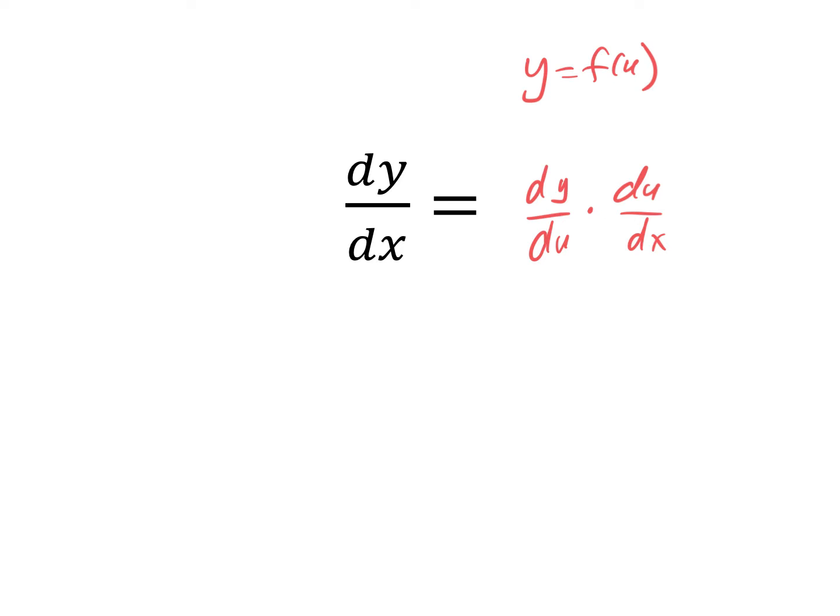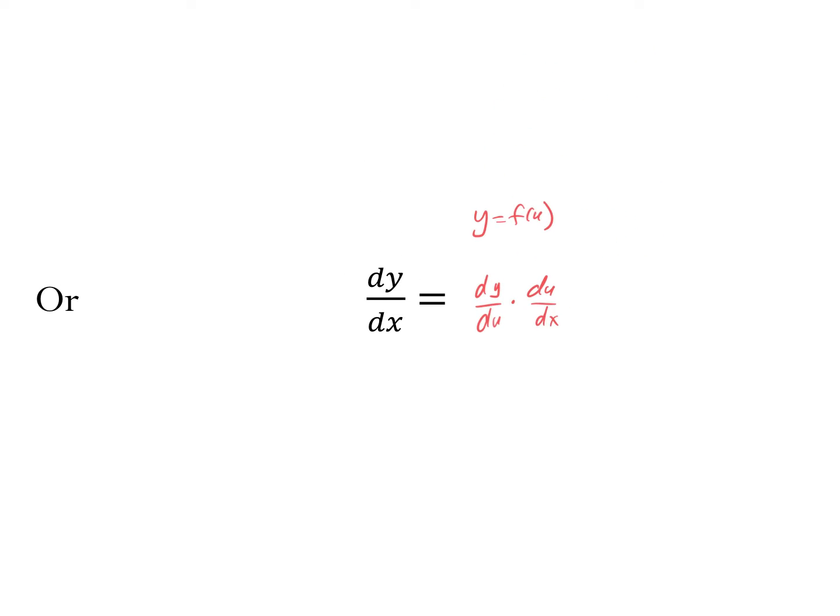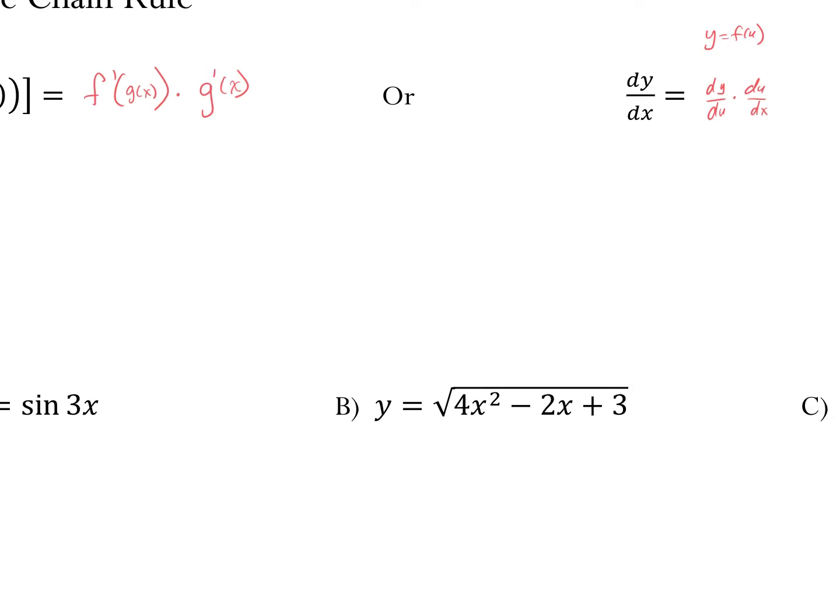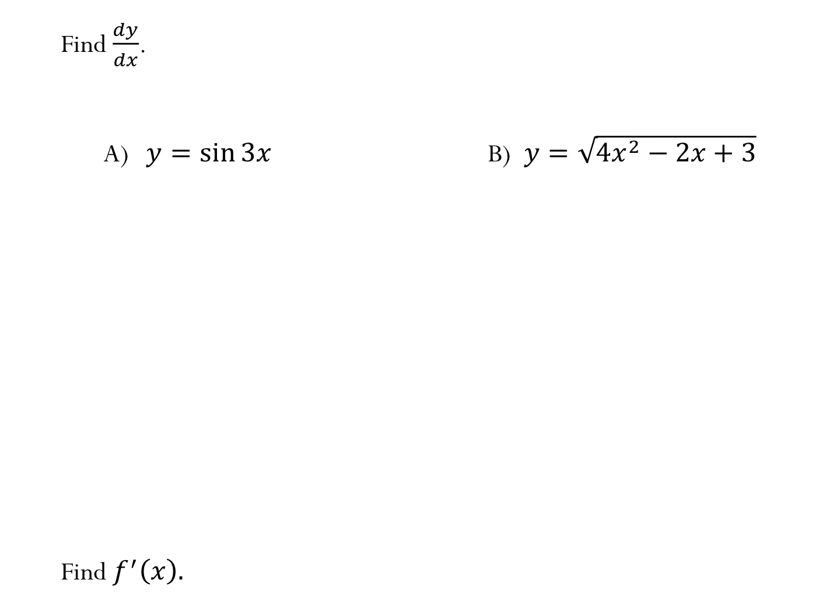And that might come into play when we start doing some integrating. But both of these are just different ways of writing our chain rule. So I was going to let you guys work a few examples and then we'll come back. You guys give it a shot, see how you do.